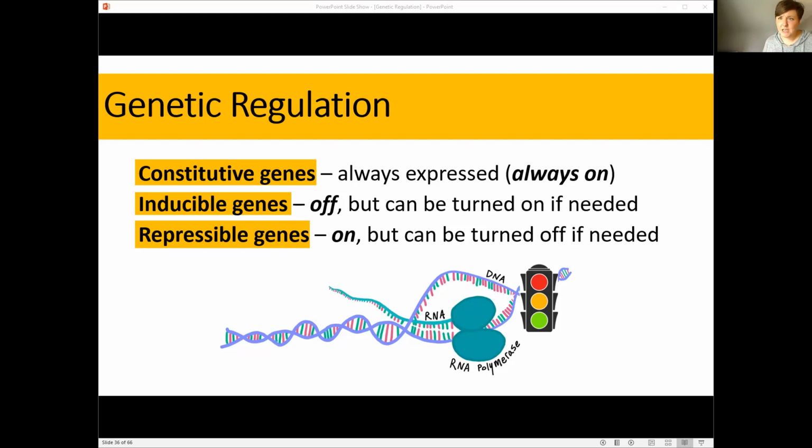Using the same analogy, in constitutive genes, RNA polymerase is cruising down the freeway, meaning it is not regulated by traffic lights. So for inducible and repressible genes, which are regulated by molecular traffic lights, what are the traffic lights? Well, they are DNA binding proteins called transcription factors.